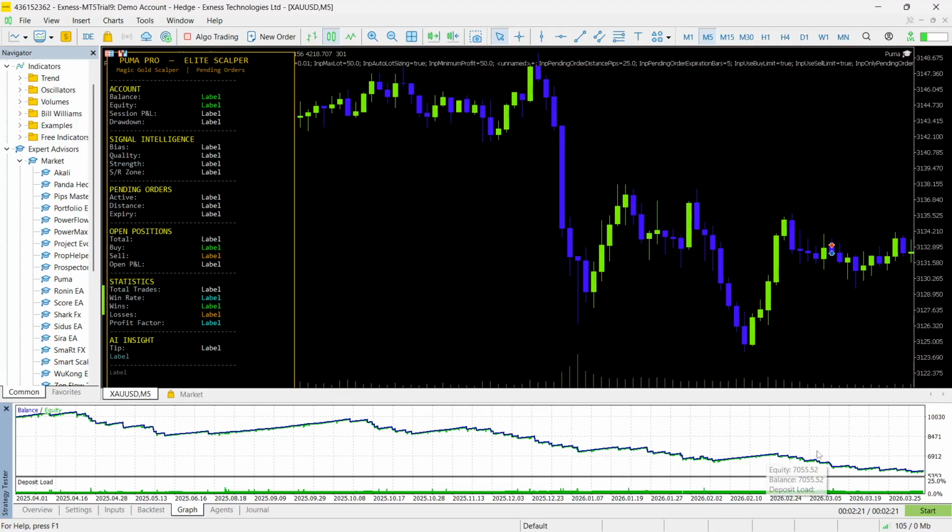We can see that playing out up until it gets to this point down here, at the far right of the graph. So this is actually quite different from what the developer claims. It doesn't look like that plug and play, set and forget system that the developer pushes it to be, from my own back test.